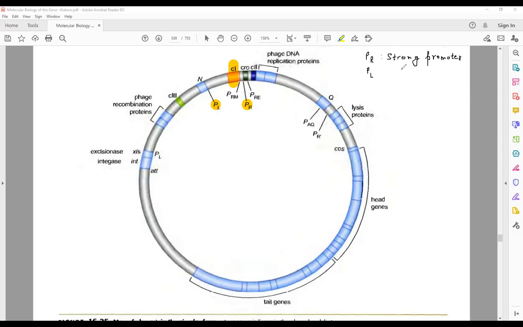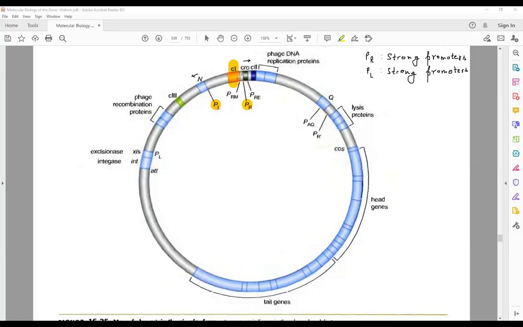When both these are strong promoters, these will catalyze the process of transcription to take place, one into the right-hand side and another into the left-hand side. When they catalyze the transcription, the genes will be transcribed.